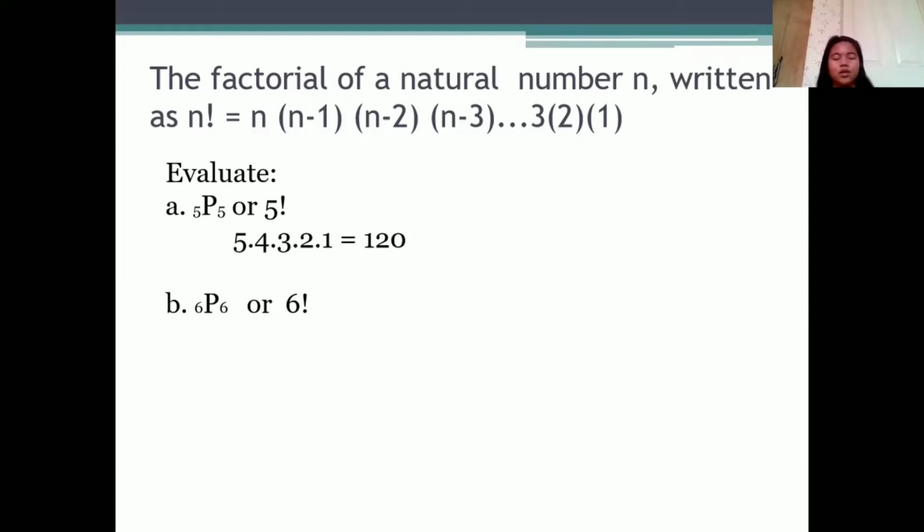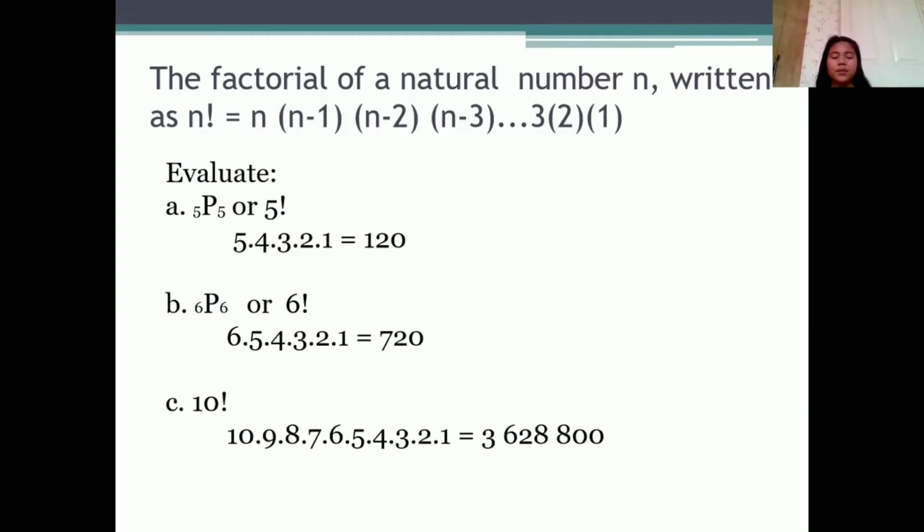The solution is 6 times 5 times 4 times 3 times 2 times 1, which is equal to 720. Next, we have 10 factorial, or the permutation of 10 taken all at a time. We have 10 times 9 times 8 times 7 times 6 times 5 times 4 times 3 times 2 times 1, which is equal to 3,628,800.